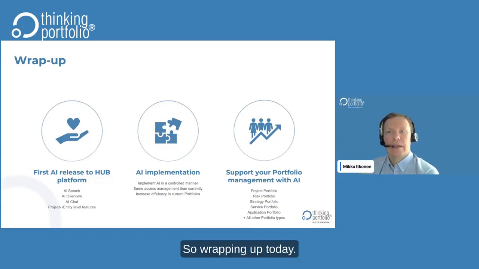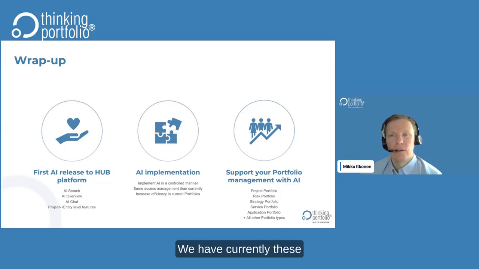So, wrapping up today, we did the first AI release at the end of March for this hub platform. We currently have these portfolio level tools: AI search, AI overview, AI chat. Then we also have, on the lower level, the project level, our own features like risk analysis, tasks and milestones creation, and the chat tool is also available there on the entity level or project level.